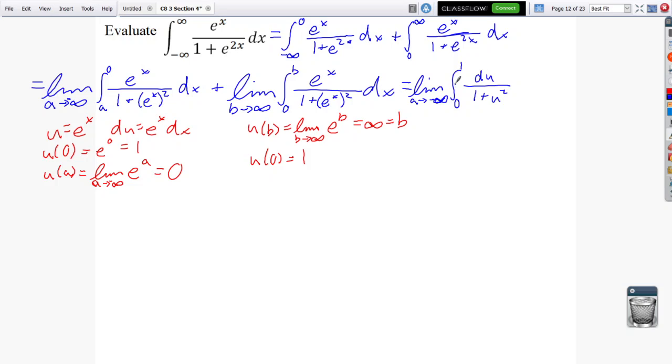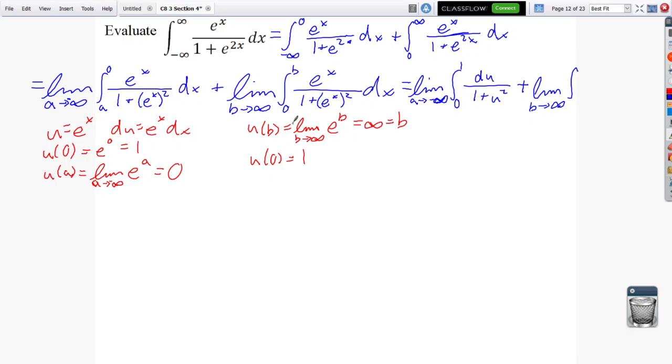Actually, looking at this problem, since the integral doesn't involve a anymore, we don't have to use the limit anymore. We can actually toss out the limit on this particular part of the problem, which we will do in the next step. Plus, limit as b approaches positive infinity of the integral.